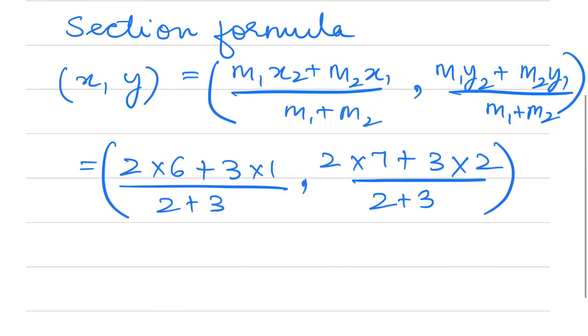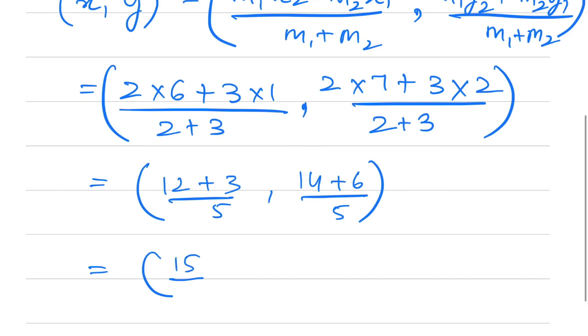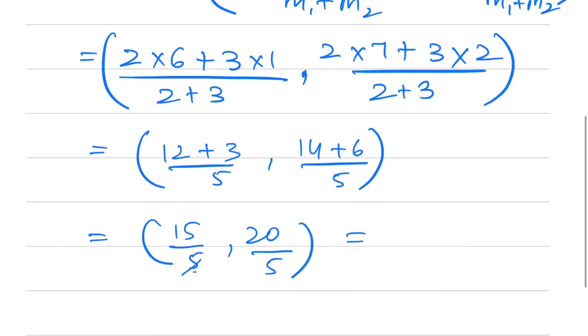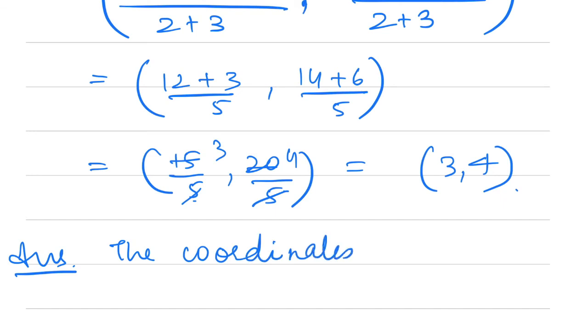So we have these coordinates as (12 plus 3) by 5, and here we have (14 plus 6) by 5. So we have 15 by 5 and 20 by 5. So these are 3 and 4. So the answer, the coordinates of P are 3 and 4.